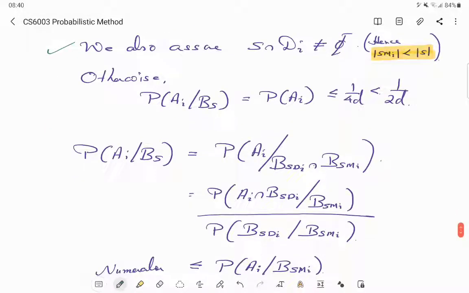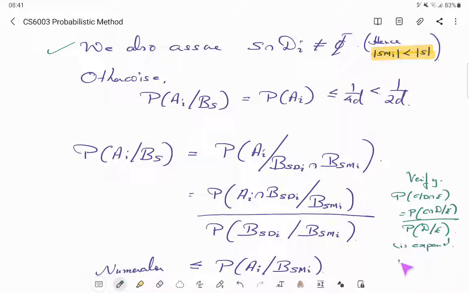If it's not clear, then pause and think. Now, this conditional probability, I can write it like this. Okay, this is another verification task for you. P of C given D intersection E is P of C intersection D given E divided by P of D given E. Again, I want you to verify in two ways. First you expand and verify, and second you use a picture or an intuitive understanding of what a conditional probability is.